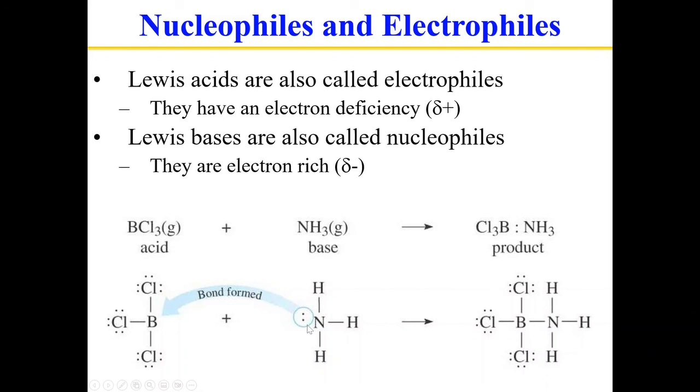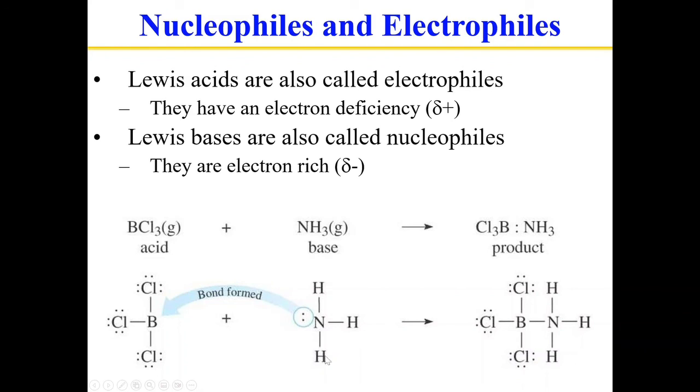But it is Lewis. So this is an acid-base reaction because the definition of a Lewis base is an electron pair donor. The nitrogen is donating its pair of electrons to the boron. That makes it a base. The boron is accepting a pair of electrons, which makes it an acid. Those synonymous terms tell us that things that are Lewis bases are called nucleophiles.